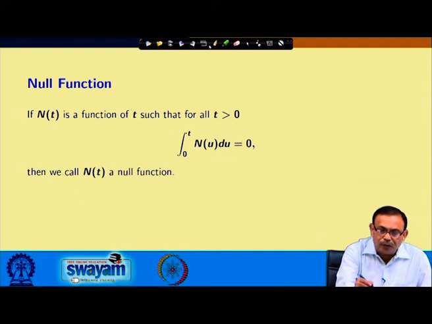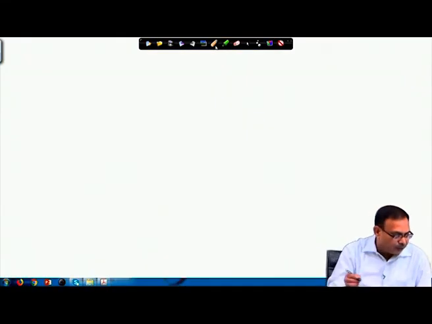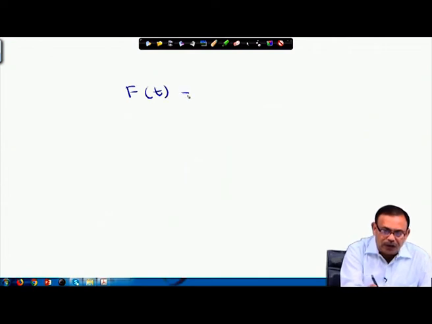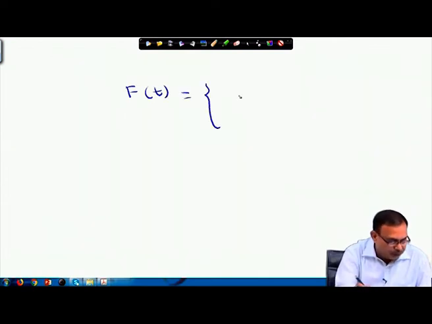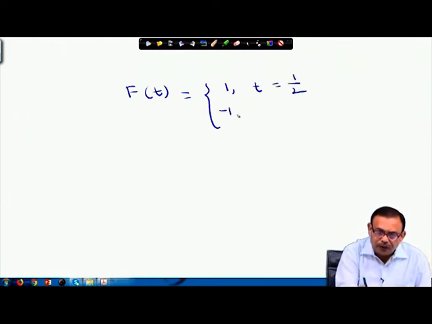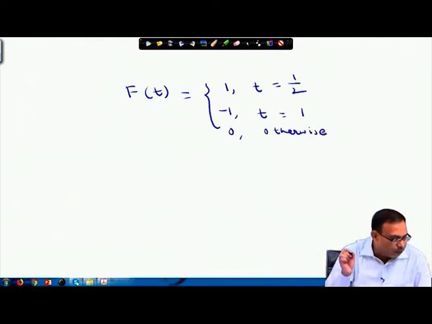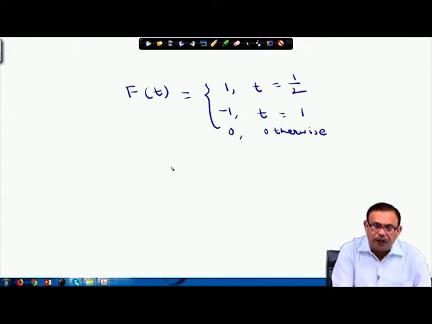Just for example, if you take a function like this: at t equals half, it is 1; at t equals 1, it is minus 1; otherwise it is 0. So, if you take the integral from 0 to t of f(t) dt, always the value will be 1 minus 1.